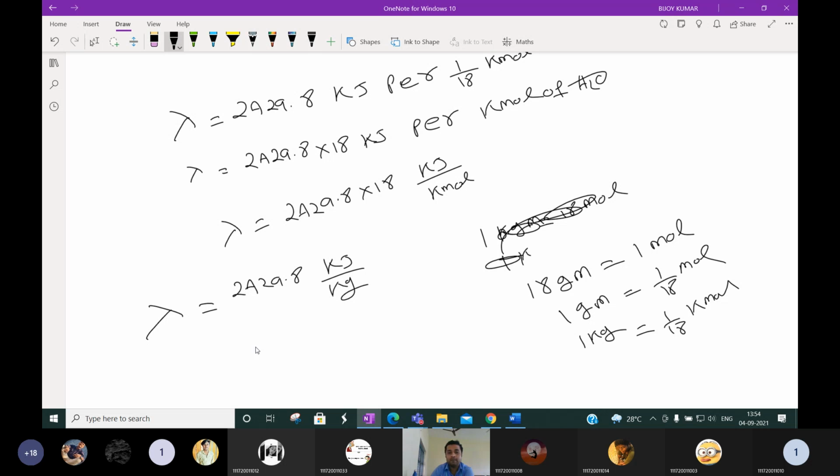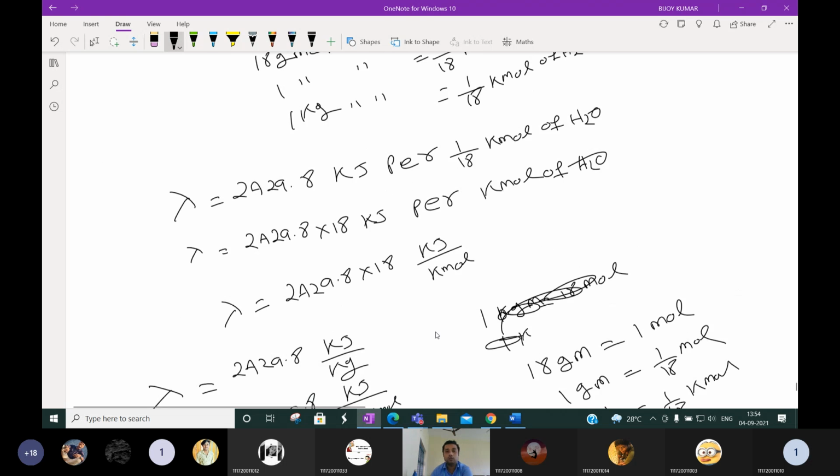So in place of 2429.8, the top one is kg, below I put just 1 by 18 kilomole. So it will be nothing but 2429.8 into 18 kilojoule per kilomole.